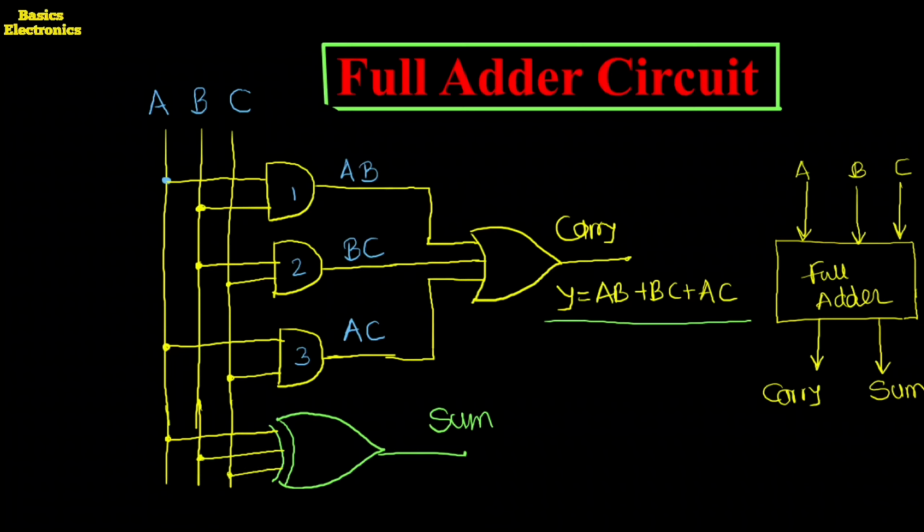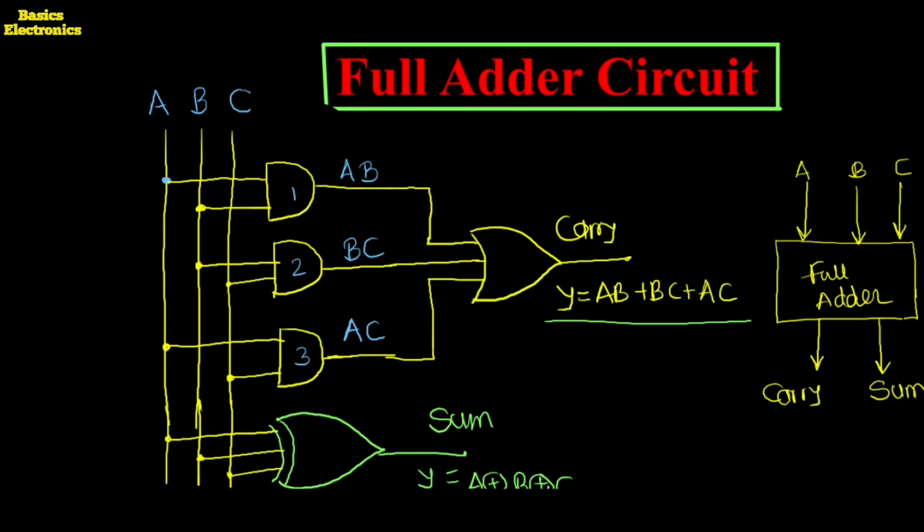Okay, so that's why its output equation is sum Y equals A XOR B XOR C. Okay, so this is the logical diagram of the full adder circuit by using the three AND gates, one XOR gate and one OR gate.